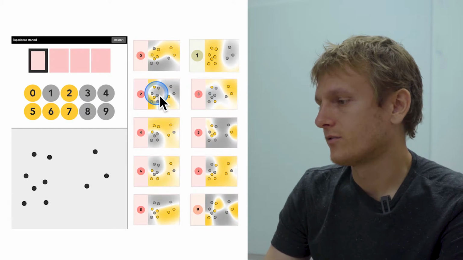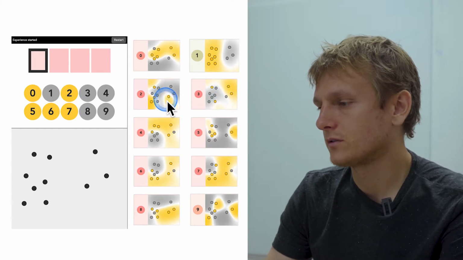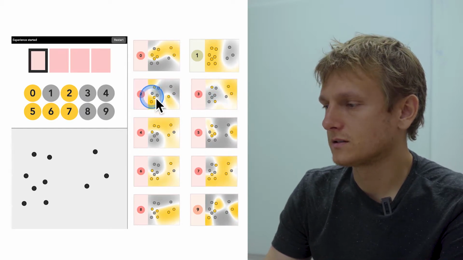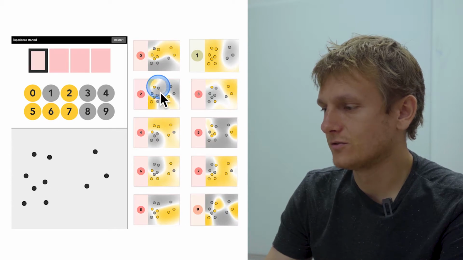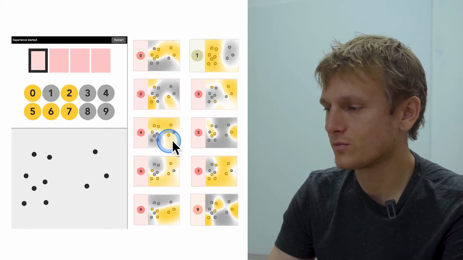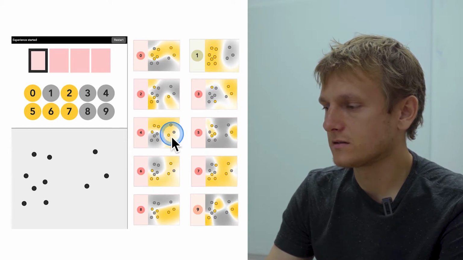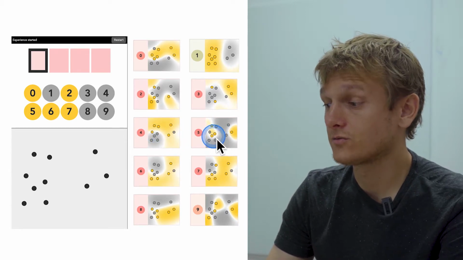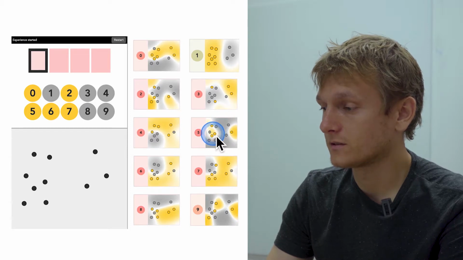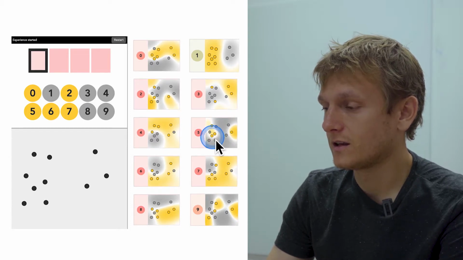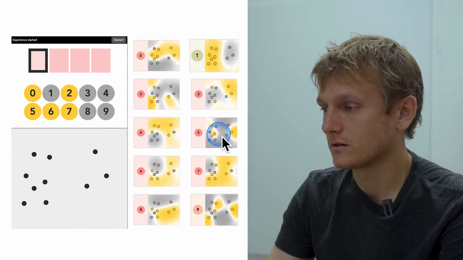But for number 3, for example, or number 2, maybe this is a bit too intricate. In number 4, it's unlikely that there is a gray point isolated from view here. And for number 5, it's really unlikely that there are two yellow dots in the middle of those gray dots.